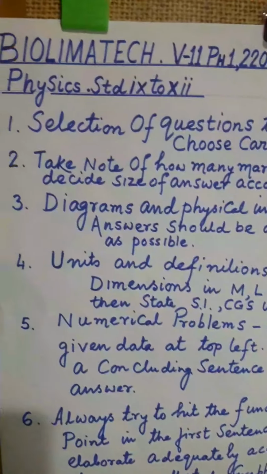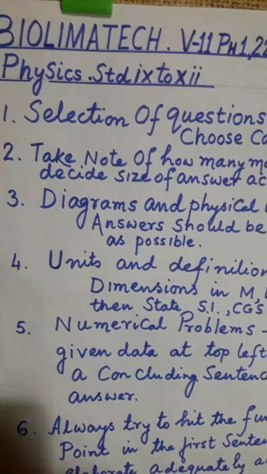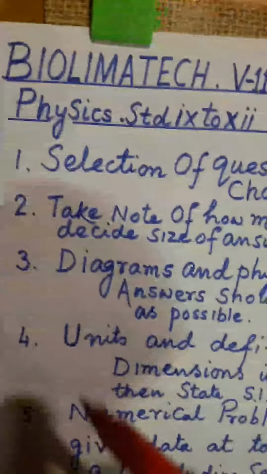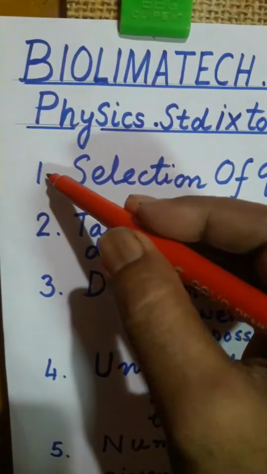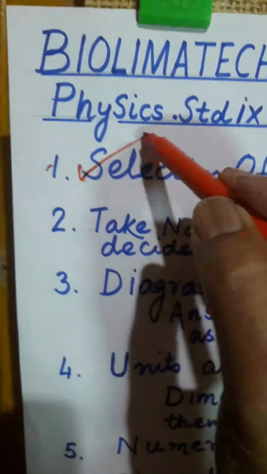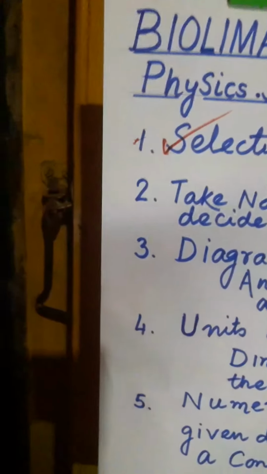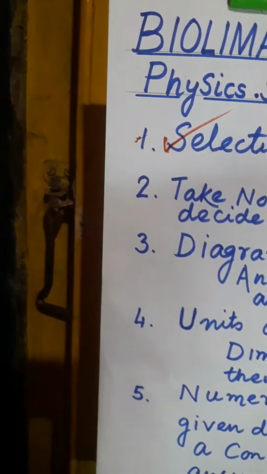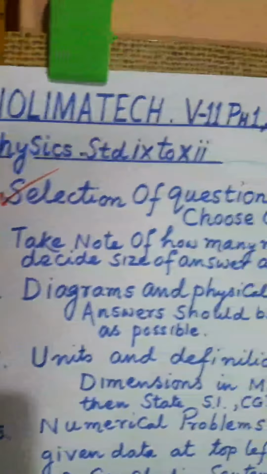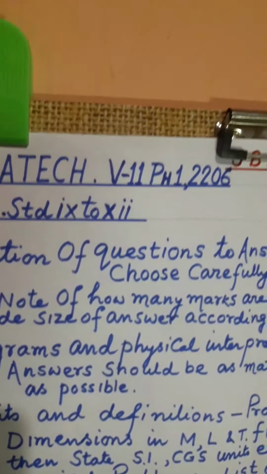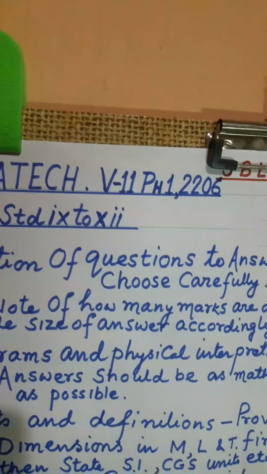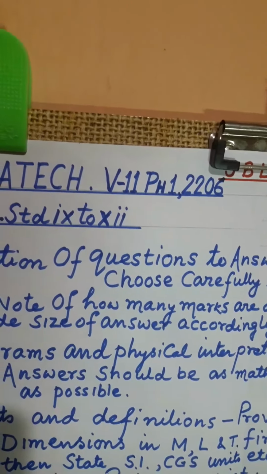To start the discussion, the first point is selection of the question, the right type of question. Always select questions which are definition based or ask statement of laws. Also prefer deduction based questions.